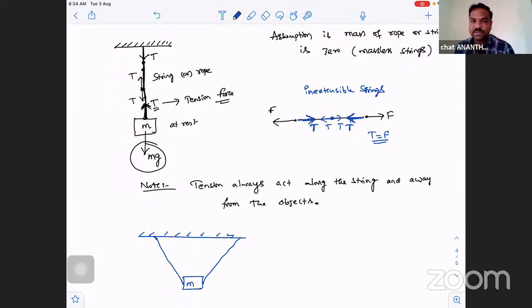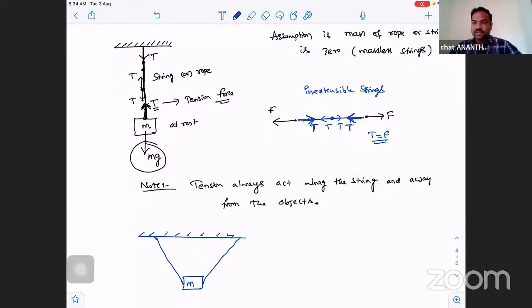All of you try this problem. Again, the strings are massless, the mass of the ropes is zero. Just draw them, no need to answer. Draw them first. You draw them, I will also draw, and verify whether it coincides or not, in case you are making any mistake.